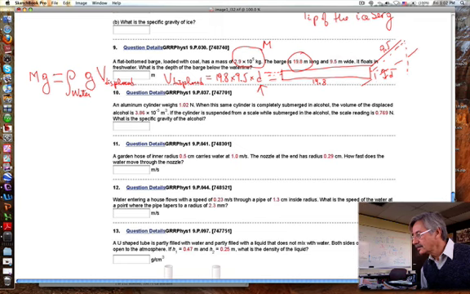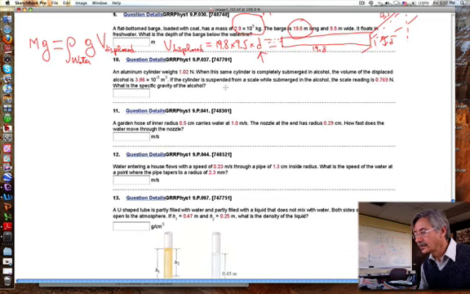This also is a question of displaced fluid. Because the weight of the displaced alcohol in this case is equal to the buoyant force.